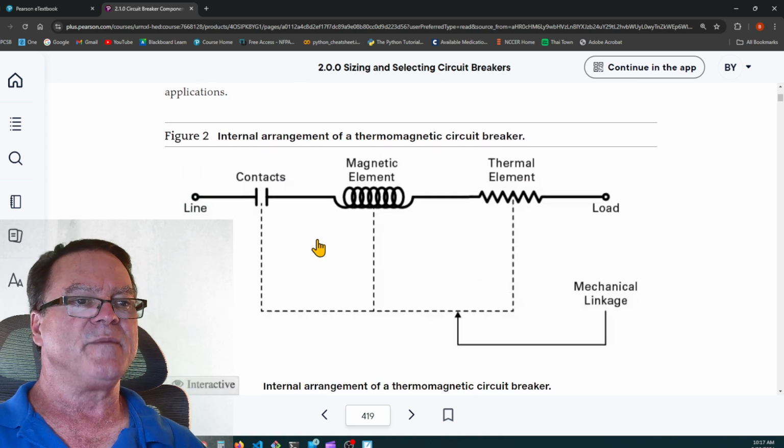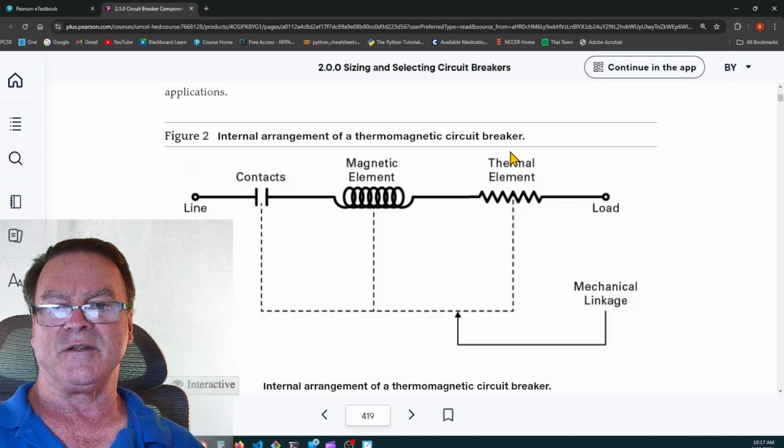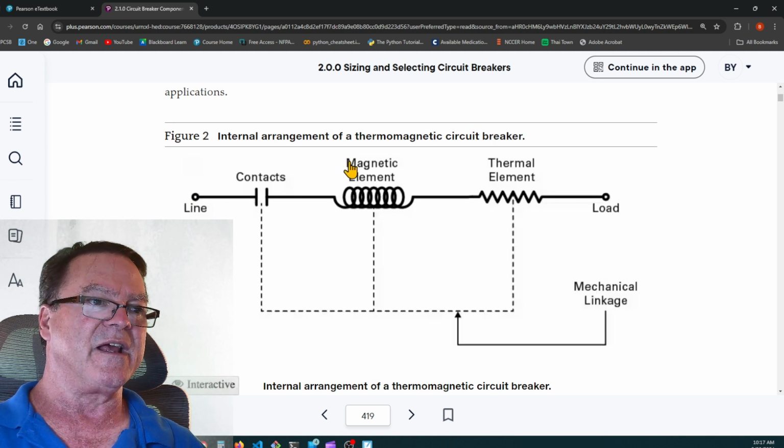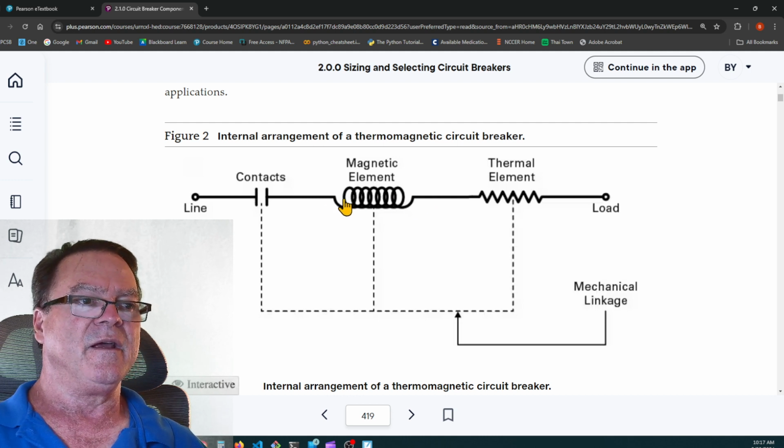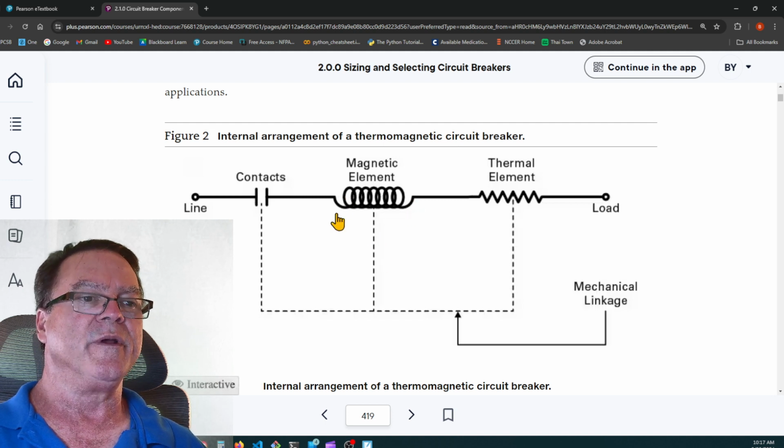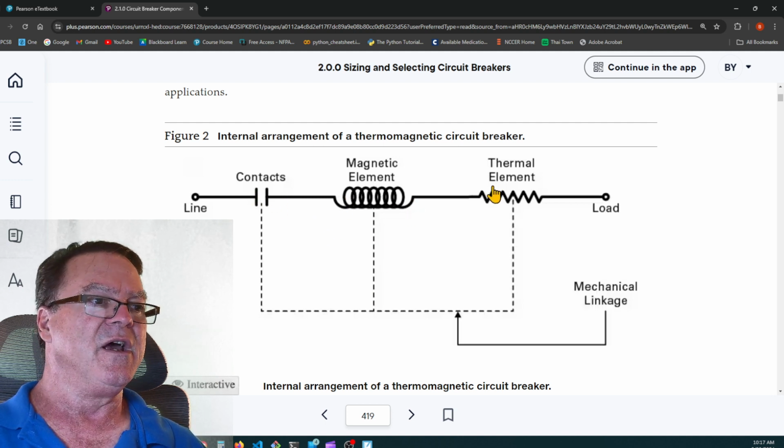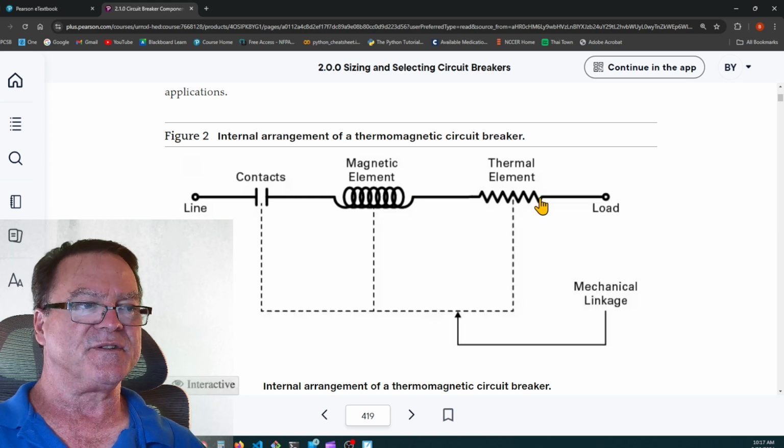So a lot of times you'll have a dual circuit breaker. It's thermal magnetic. So it has an element that's magnetic. So if you have an overcurrent impressed on this coil of wire, it will open the circuit contacts, or if the heat rises too much.